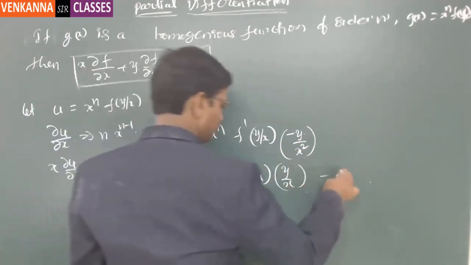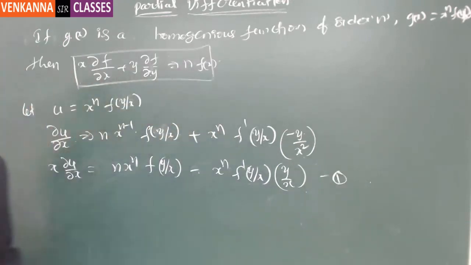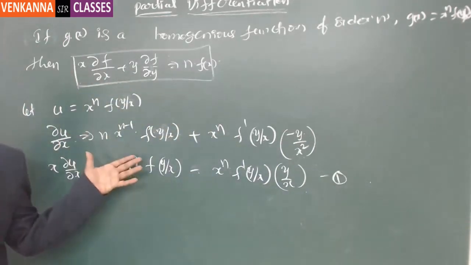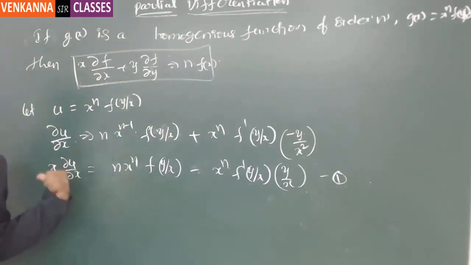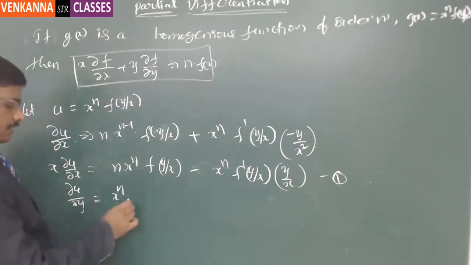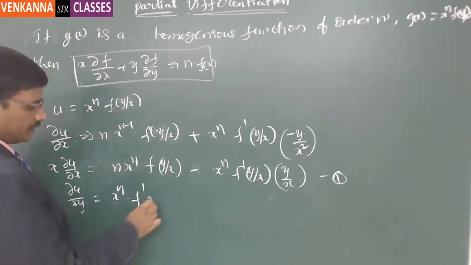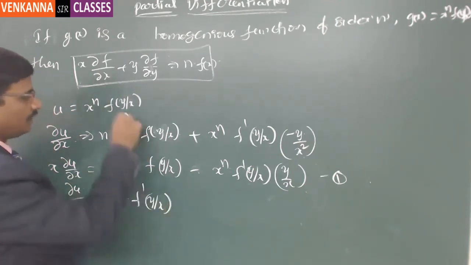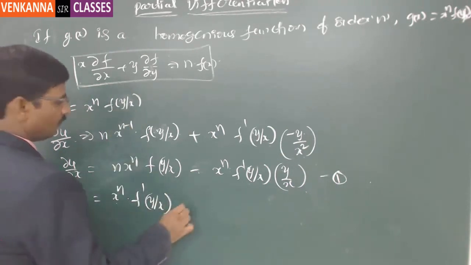So this is equation number 1. I have just done the derivative with respect to x and multiplied by x. That's it. And then do the derivative with respect to y. So dou u by dou y is equal to x power n, which is a constant because you are doing the derivative with respect to y, and then f dash of y by x into the derivative of y by x with respect to y, which will be 1 by x.